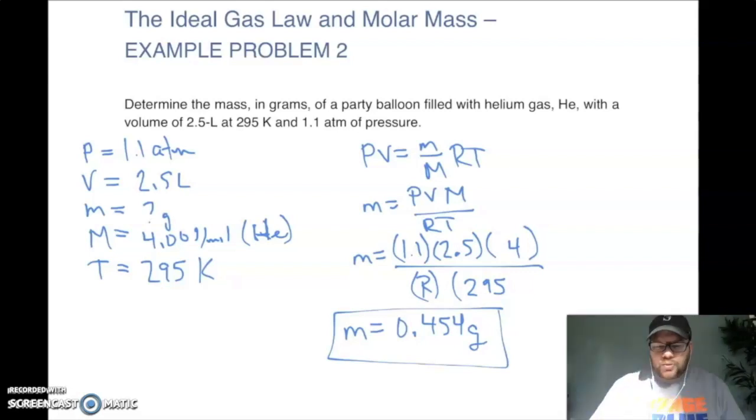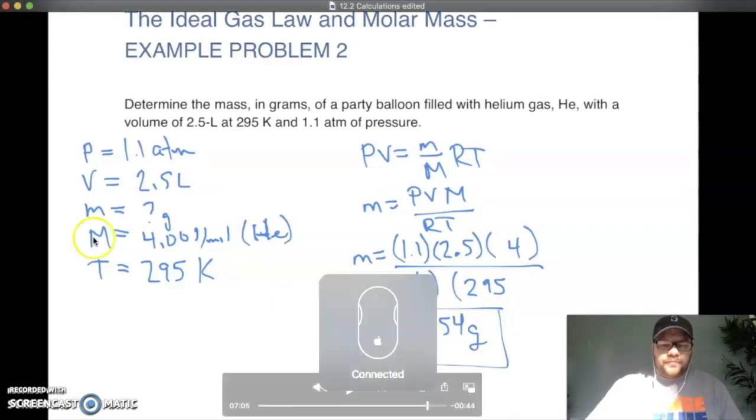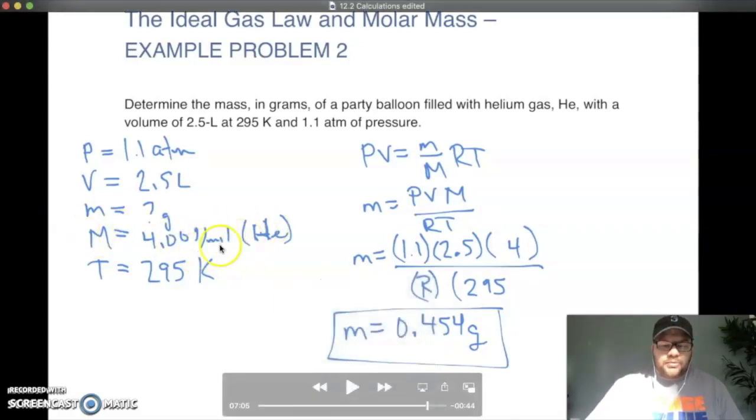So the actual mass of the gas in this balloon would be 0.454 grams. Note that we use the molar mass of helium that we get off the periodic table over here. All of our units are in atmospheres, liters. We're using grams per mole and then grams here, so those would equal out to moles. And then we have Kelvin over here.